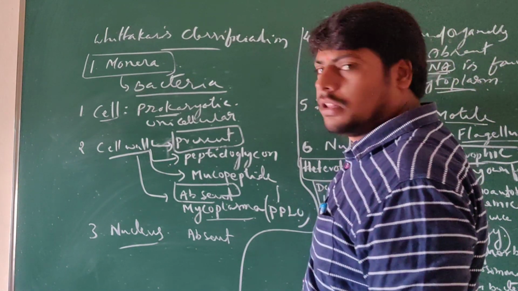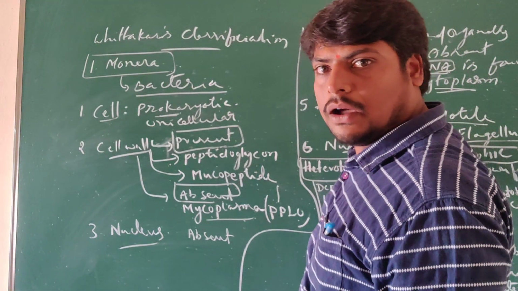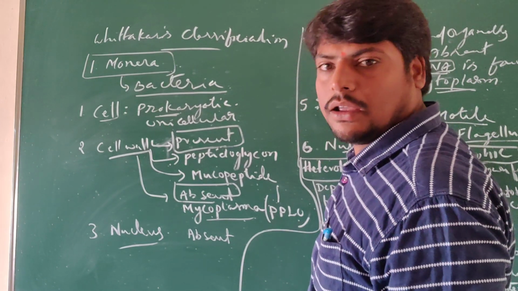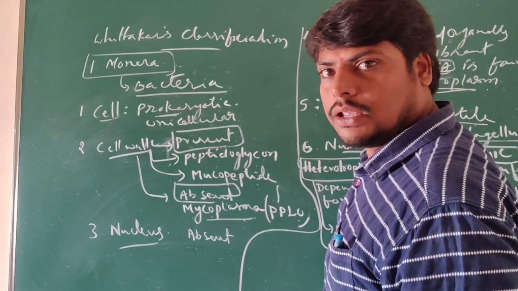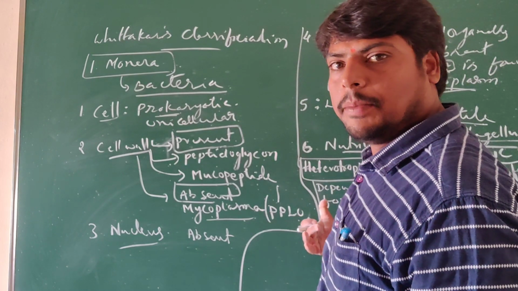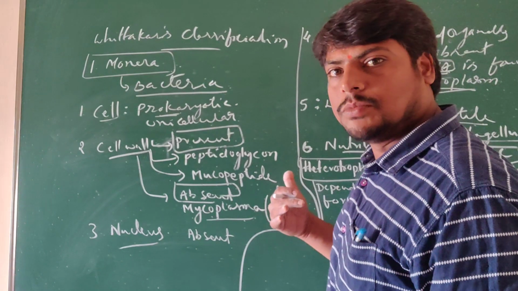They use flagellum for locomotion, and their mode of nutrition is autotrophic and heterotrophic. Under autotrophic, they use a chemical energy source, called chemoautotrophism. They also depend on other organisms through parasitic as well as symbiotic modes of nutrition.